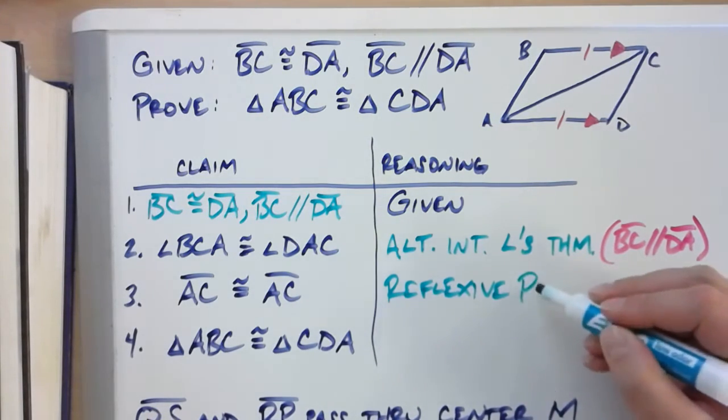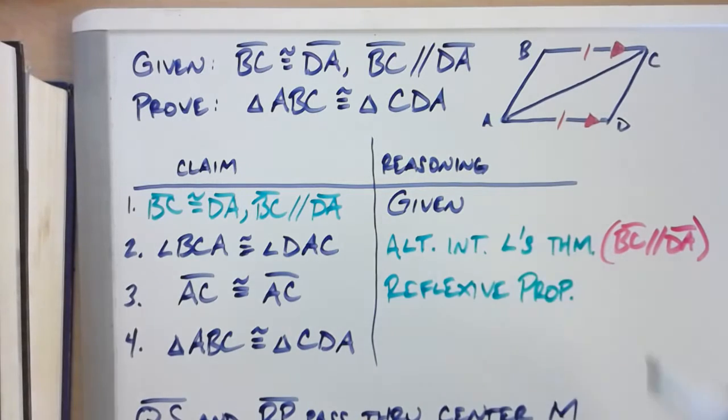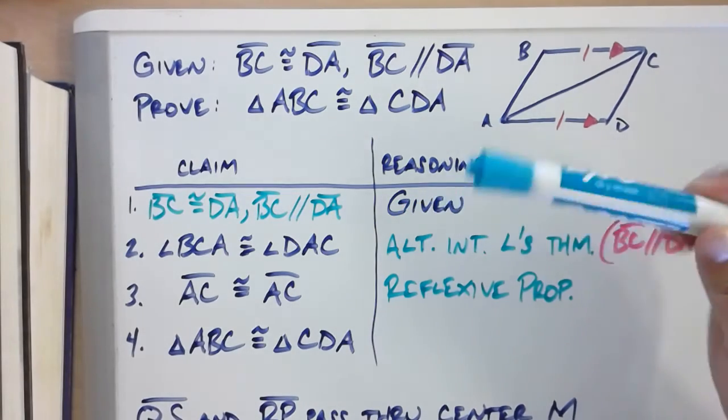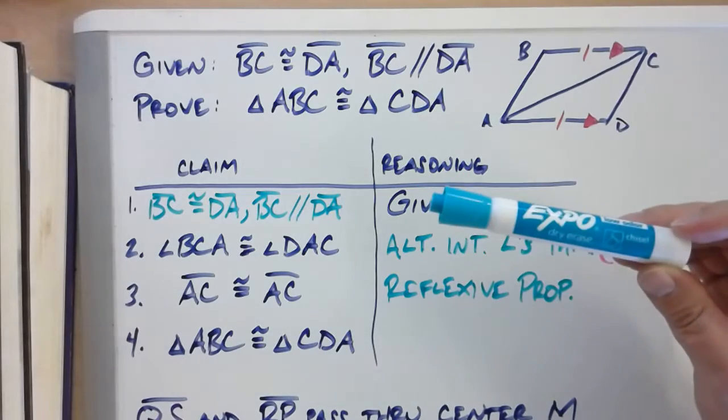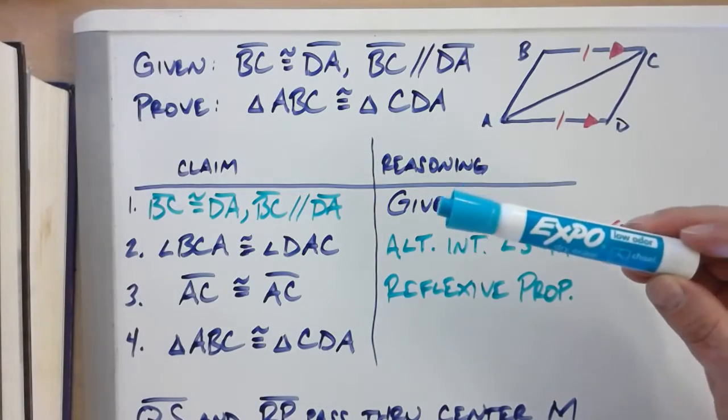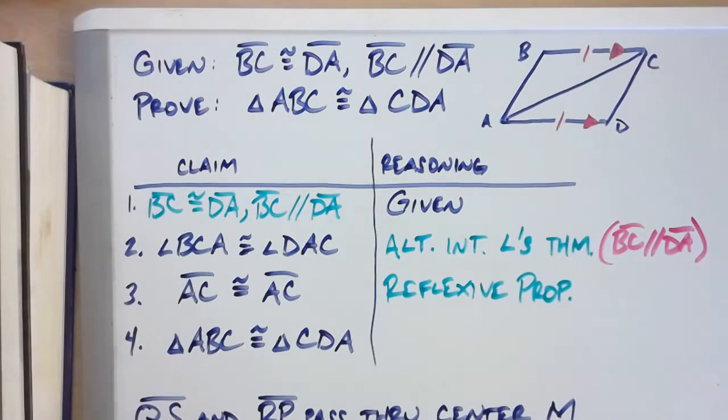This is one of the foundational properties of all of mathematics, and it basically says this: any object is congruent to itself. So if I were to take this expo marker and measure all of the things around it, well, they would equal the measures I took all the way around it.